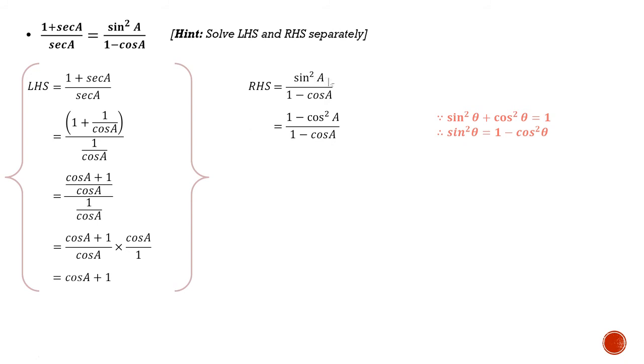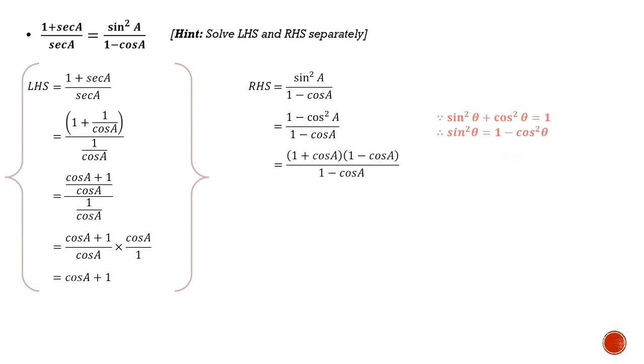That's why we don't need sine square a here anymore. So I converted that part. So all these kinds of intuitions should come to you, that what next step we have to take and what identities are needed in the simplification. So please take care of that.